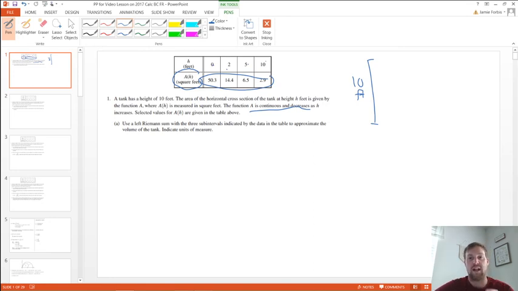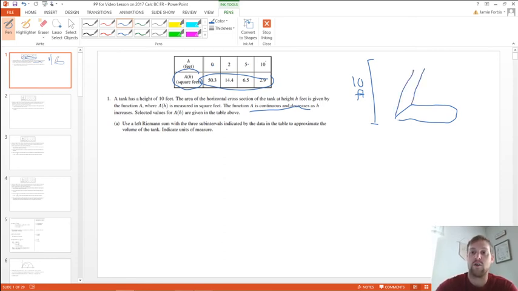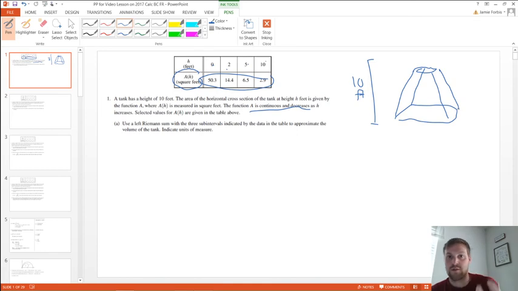So the cross-sectional areas are getting smaller and smaller. I don't know what the base looks like, or if it's a consistent base, but I made some type of squarish shape. And as we increase in height, my cross-sectional area gets smaller. So the tank looks something like that.